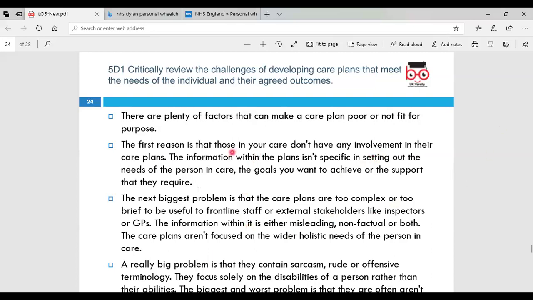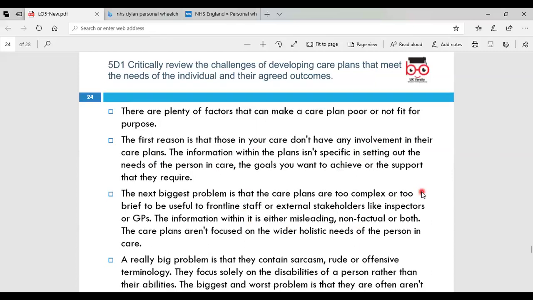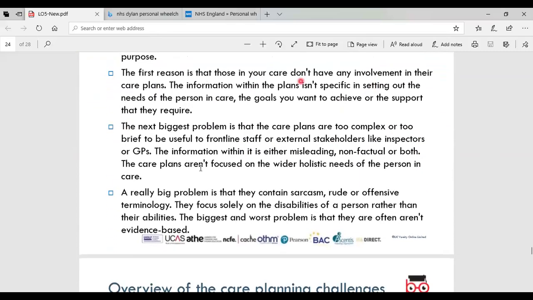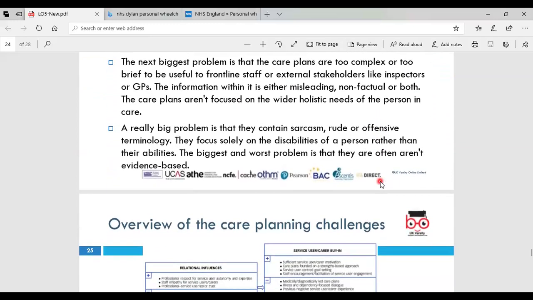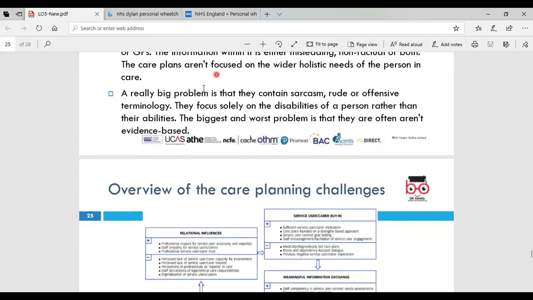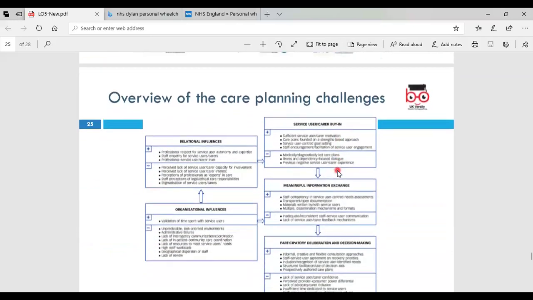That should be there. The next biggest problem is that the care plans are too complex. They can't understand, so it's beyond their understanding. A real big problem is that they contain sarcasm, rude or offensive terminology. That should never be the case, especially for people with disabilities.